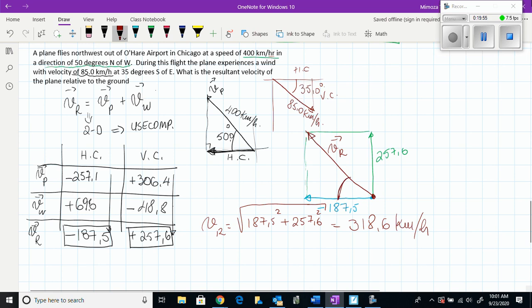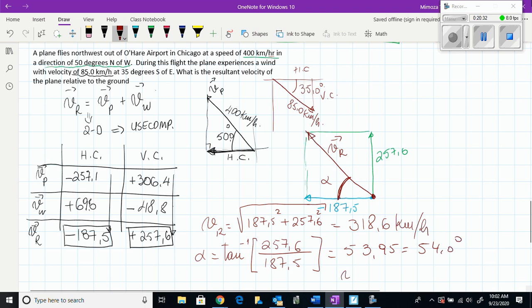And then you have the liberty to choose the angle. I'm choosing angle alpha, which is the inverse tangent of 257.6 over 187.5. So inverse tangent of 257.6 over 187.5 is 53.95. You can easily say 54 degrees.